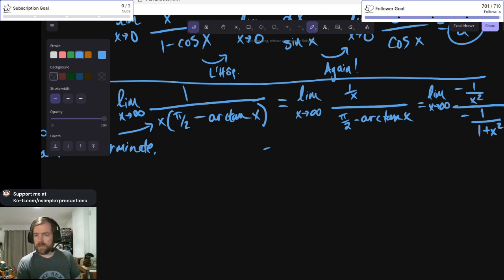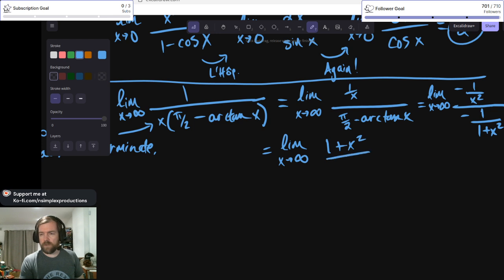So this is now going to become the limit as x goes to infinity of, here we could multiply both top and bottom by the respective terms in order to get rid of those fractions. So up top we get 1 plus x squared, and on the bottom we get x squared, and we lose the negative from both.